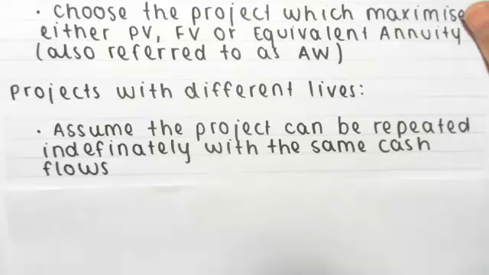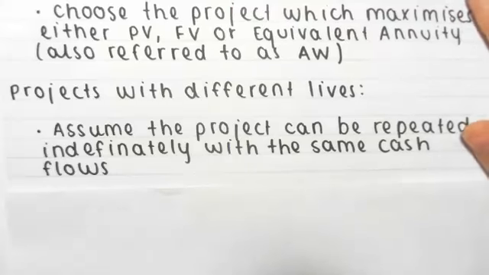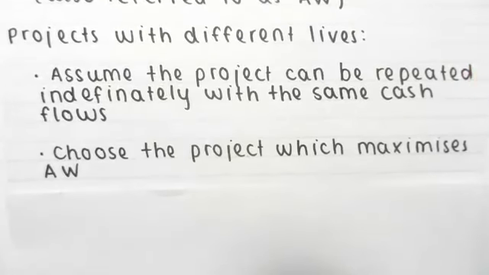But what we can do is, if we can assume the project can be repeated over and over again with identical cash flows, so if the first project is occurring only for 10 years, but then after the 10 years can be bought again for the same price and everything else can remain constant, we can calculate the annual worth, and we then choose the project which maximizes the annual worth.